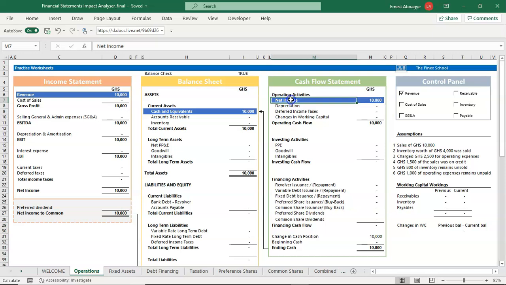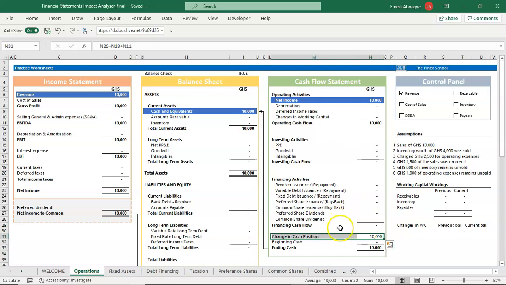So once the net income is 10,000 and there are no adjustments to notional costs, then your cash will be equal to your profit at this level, because you have made a sale and no expense has been deducted, and also the sale was made on cash basis.